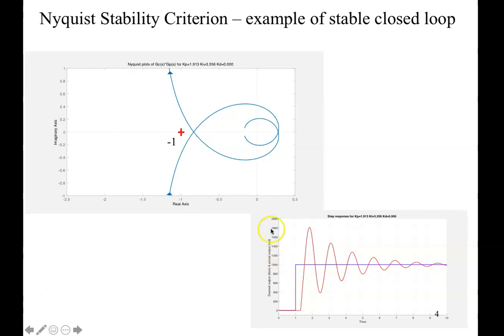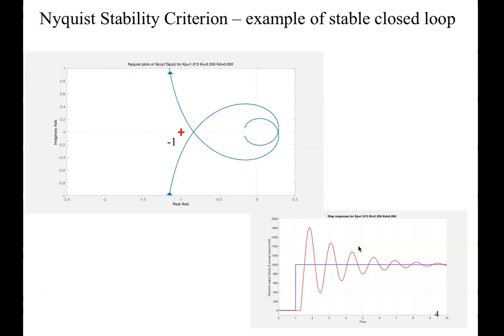So this is in the transition period. My input is a step, so I expect that to settle down. There's some wobbling here, but it is stable. That confirms, really, that in this case the Nyquist stability criterion does apply.